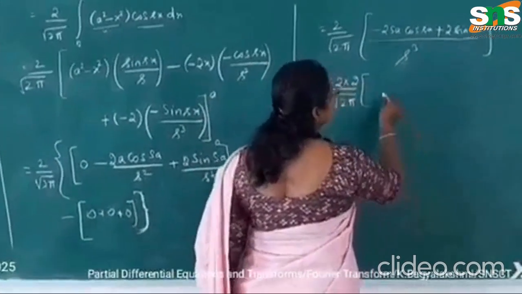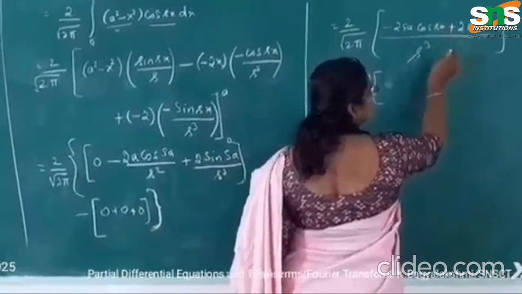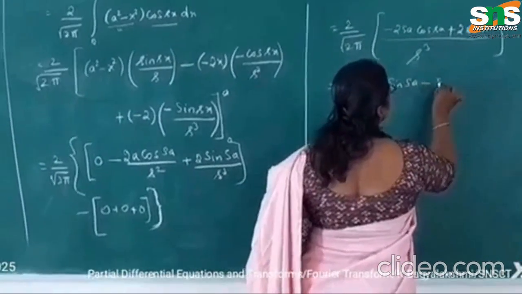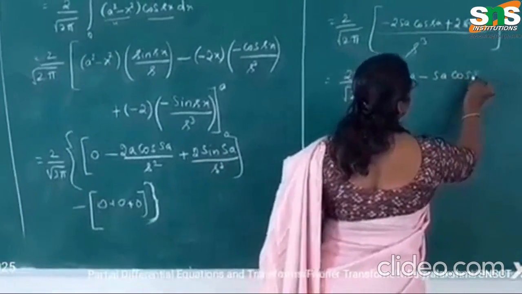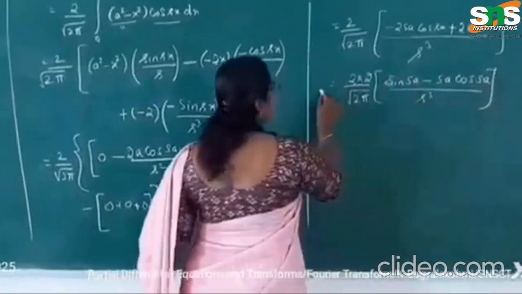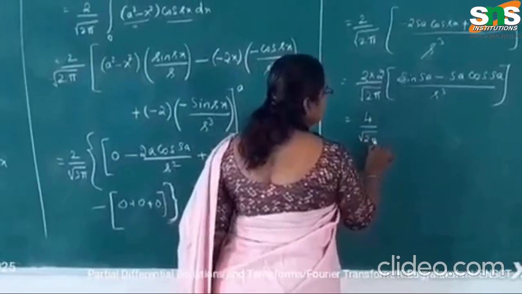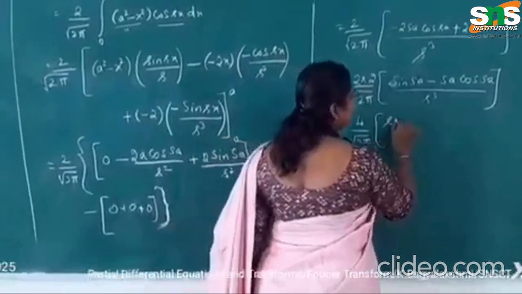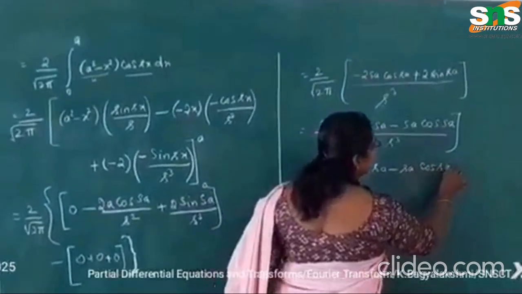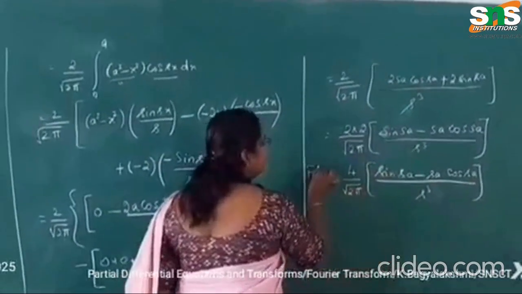The remaining 2, this is negative term and this is positive term, so write in order sin sa minus sa cos sa divided by s cubed. So this is 4 divided by root of 2 pi into sin sa minus sa cos sa, the whole thing divided by s cubed, which is the value of F of s.